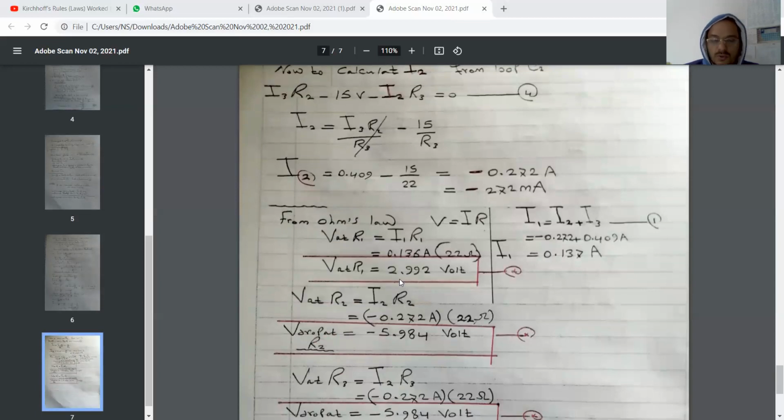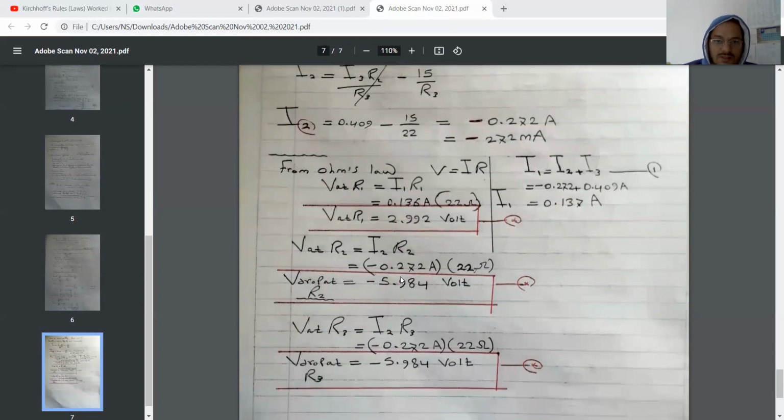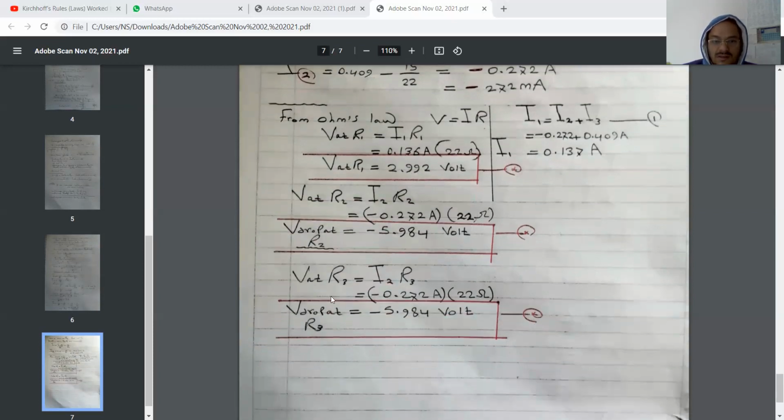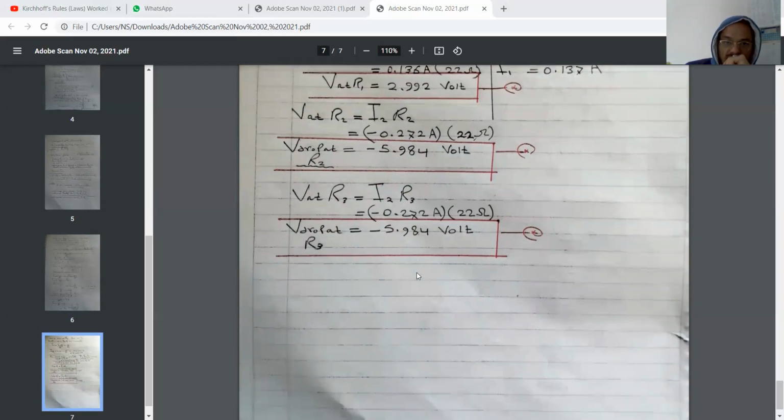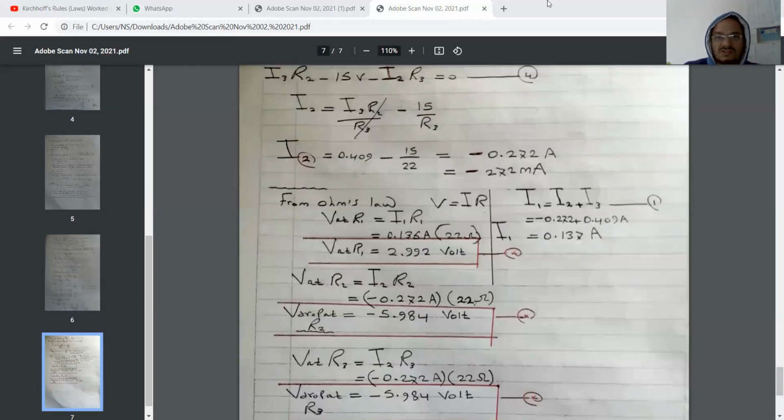From Ohm's law, we can say 3 volt, and at R2 equals minus 5.98 volts. And the last resistance was equal to minus 5.98 volts. That's it. Our lecture today is done.